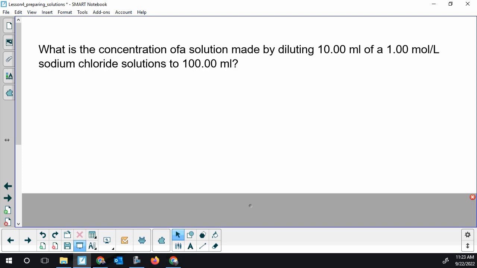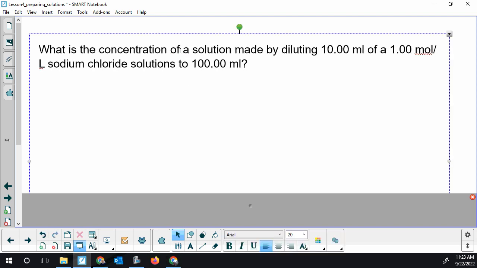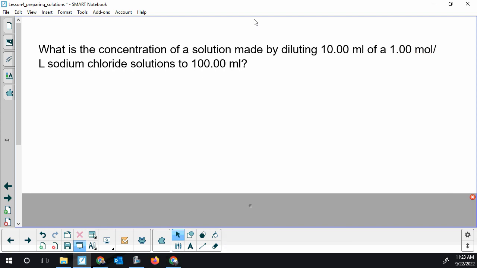So what is the concentration of a solution made by diluting 10 milliliters of a 1 mole per liter sodium chloride solution, and it got diluted to 100? So what is the concentration of the solution that's made?